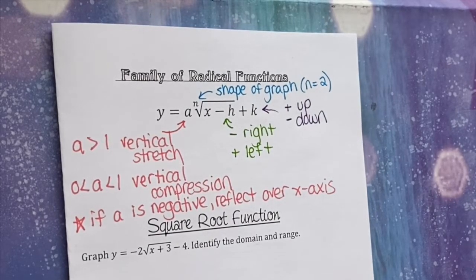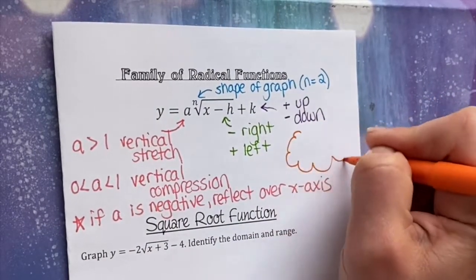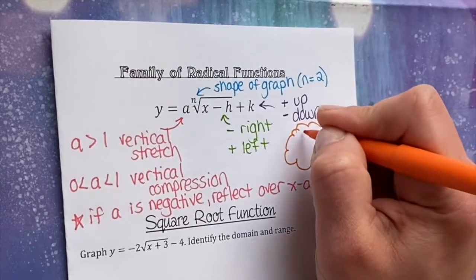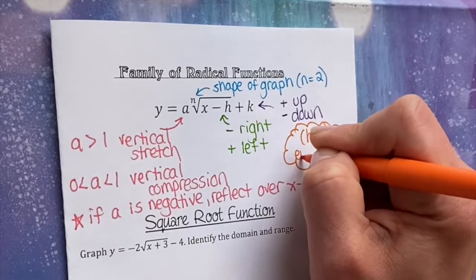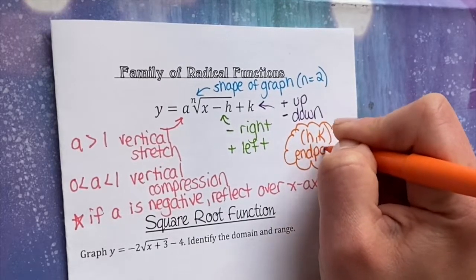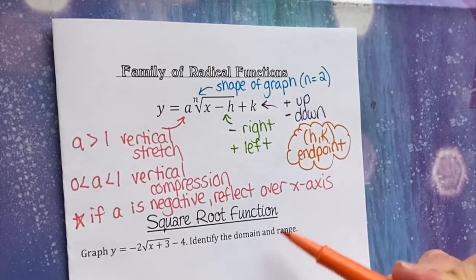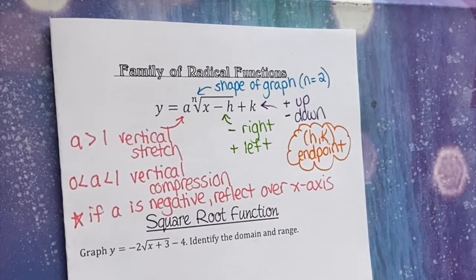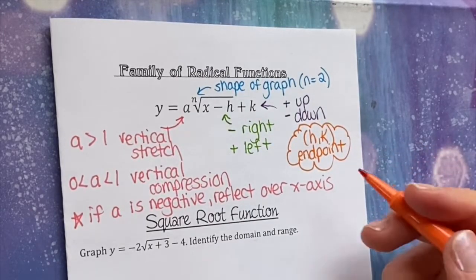So let me sum that up right here. So make a little bubble. (h, k) gives us our endpoint. So remember, you never want to go past your endpoint, so these graphs should not have two arrows on them. This is the point where it starts and stops, kind of.